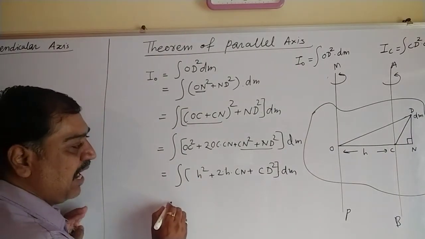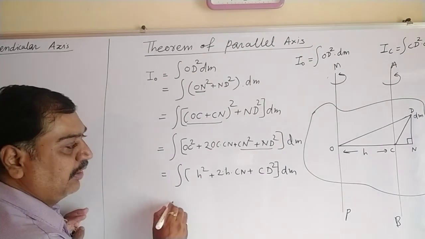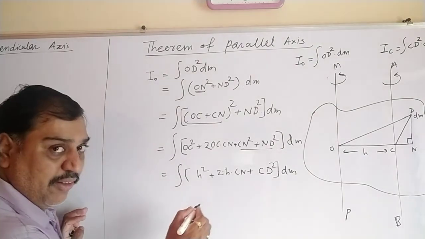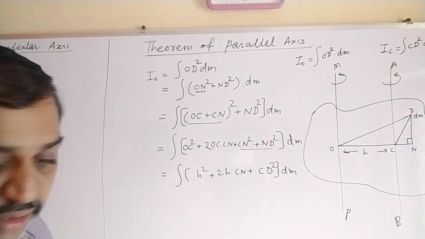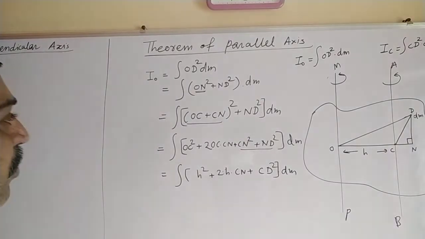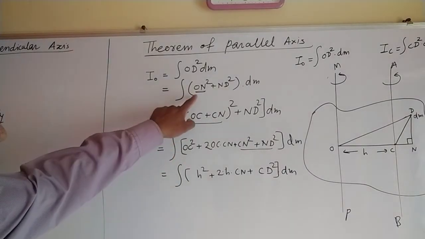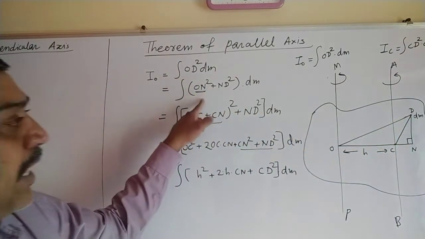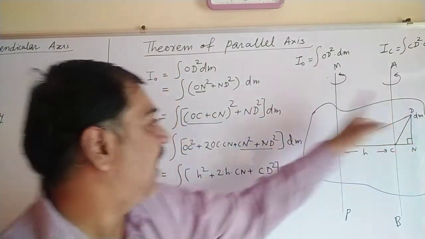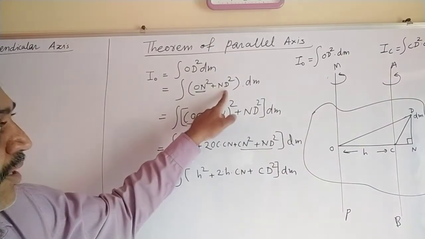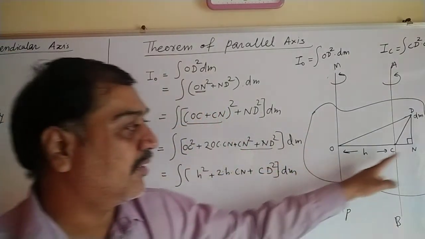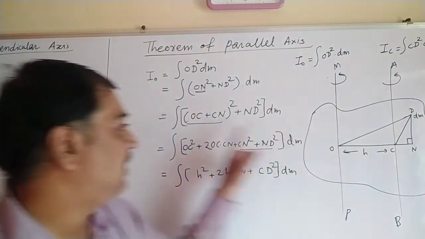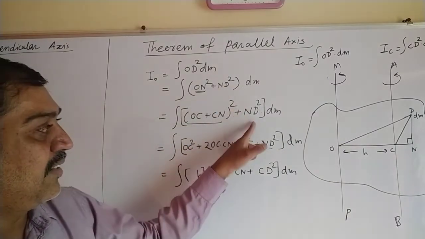Okay, so let's start with OD square. OD square is ON square plus ND square. ON square is (OC plus CN) whole square plus ND square as it is.